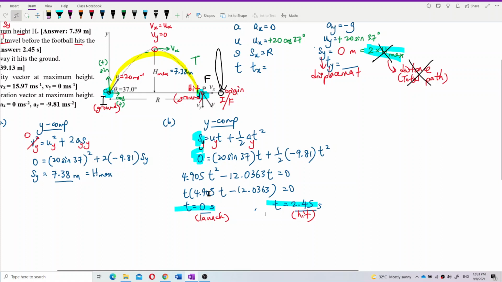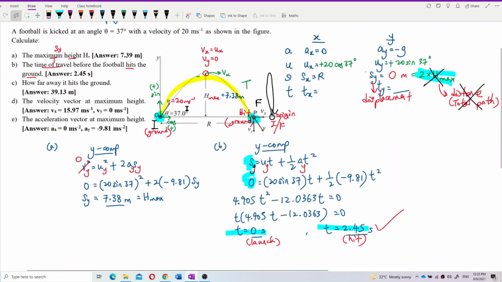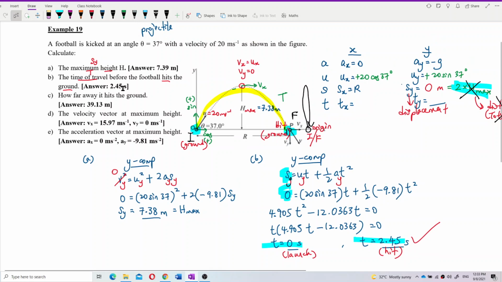We choose the time when it hits the ground, so the answer is 2.45 seconds. Is it correct? Yes, it is correct.